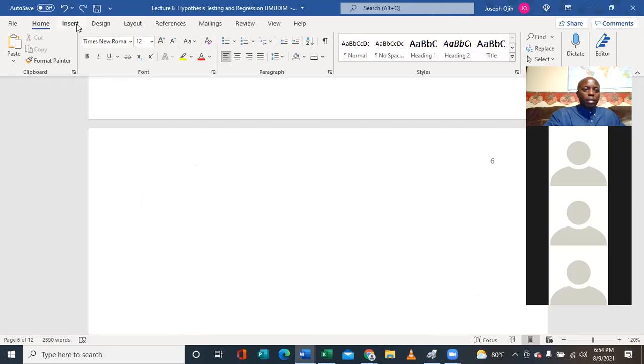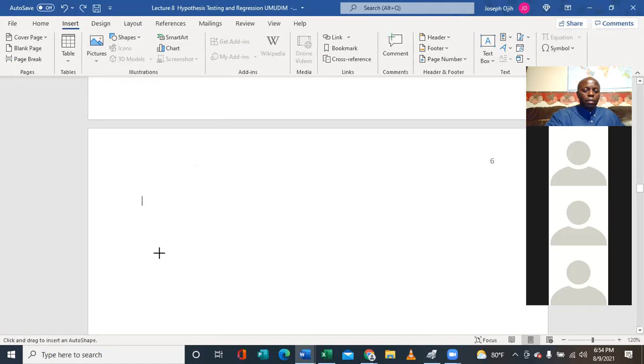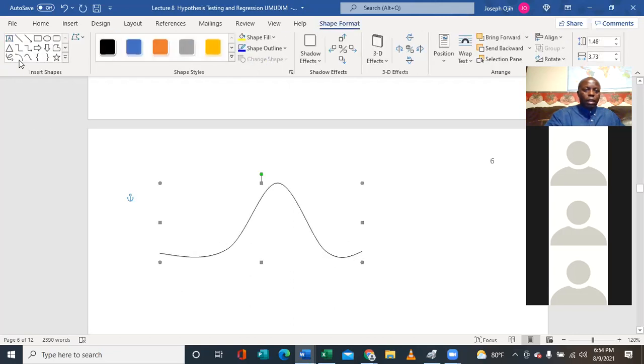So you might have something like this, the same thing in this form, and have your x-axis from here, and of course, the mean at the center of 0.